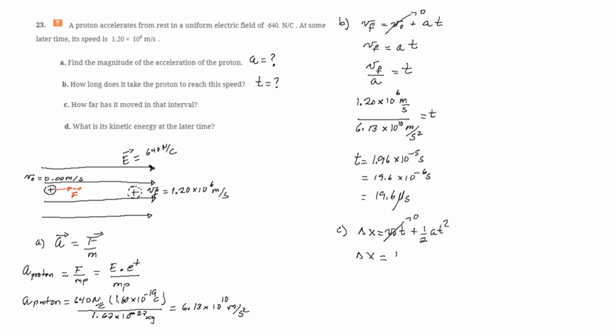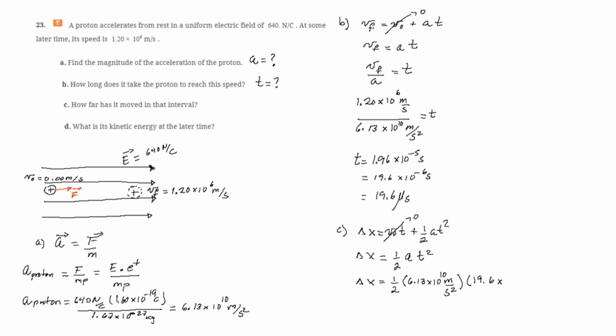We know the acceleration and the time, so delta x will be 1 over 2 times the acceleration, 6.13 times 10 to the 10 meters per second squared, times the time, 19.6 times 10 to the negative 6 seconds.